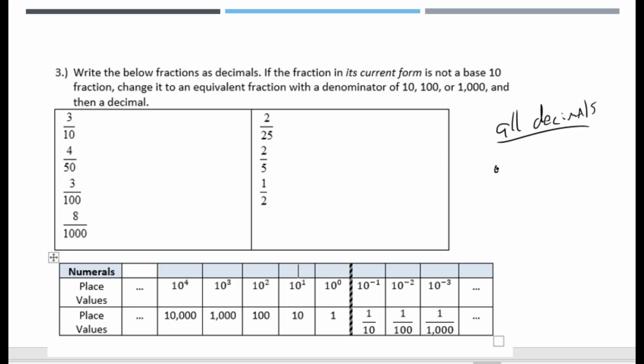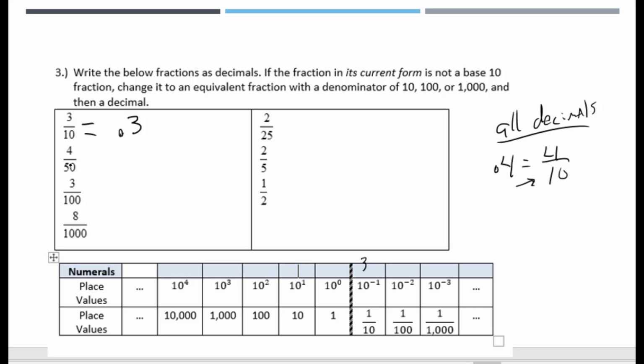Any decimal, like 0.4, converted into a fraction is going to have a denominator of some kind of a power of 10. See the powers of 10 here? They're all powers of 10. So that's what we need to get. So like 3/10 is very simple. That's just 0.3. It's 3 in the tenths place, which would be right here, right?